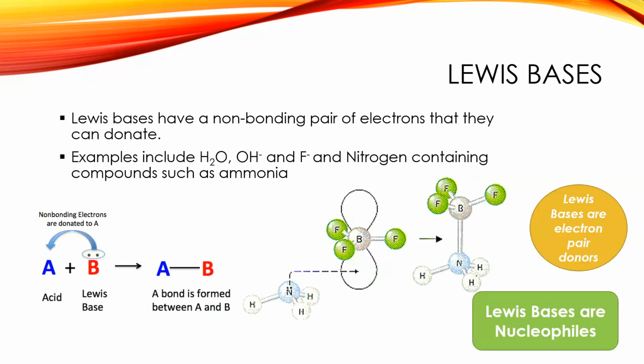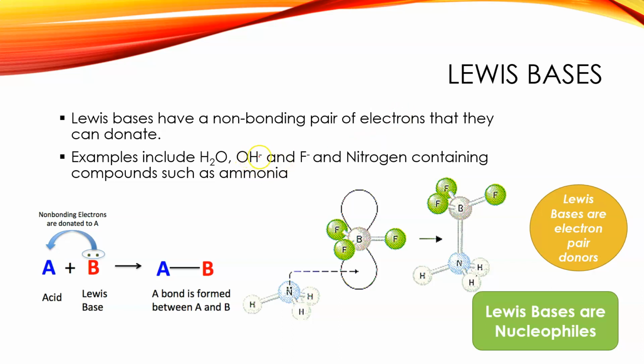Lewis bases, on the other hand, will have a non-bonding pair of electrons that they can donate. This means that things such as water, hydroxides, fluorides, the things that we saw forming good ligand groups, are Lewis bases. These will contain a lone pair of electrons that is able to be donated into the complex formation.